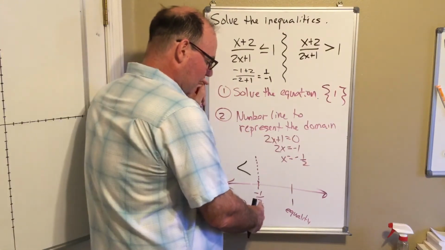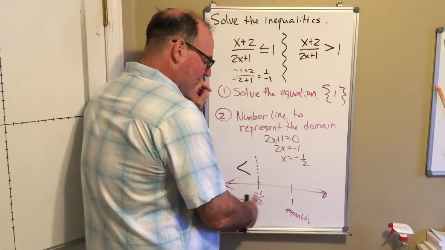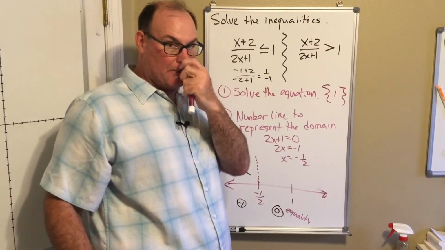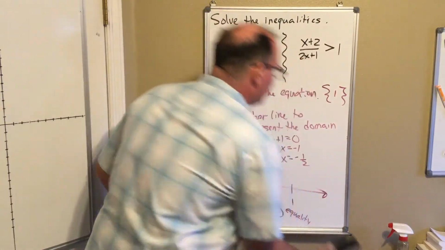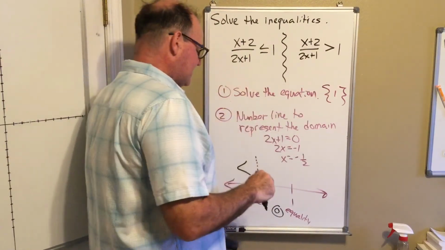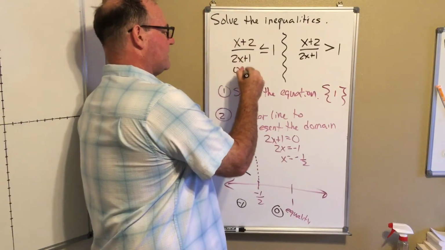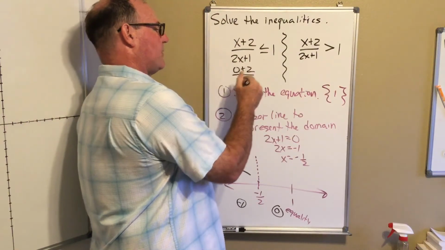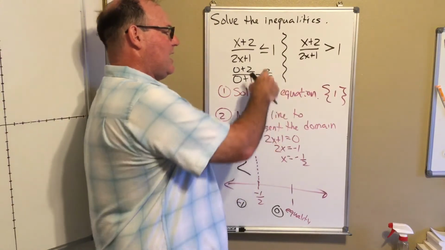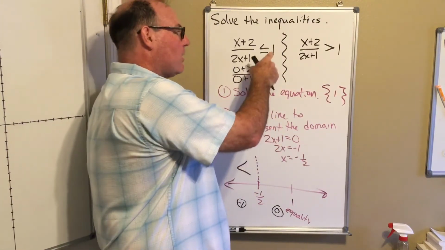The next interval, I need a value between negative 1/2 and 1. Well, my favorite value is 0. So I'm going to plug in 0 to my fraction. When I put 0 in, 0 plus 2 in the top, 2 times 0 is 0 plus 1 in the bottom. That gives me 2 over 1, and 2 over 1 is bigger than 1.